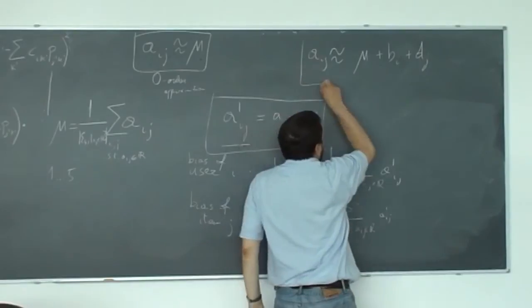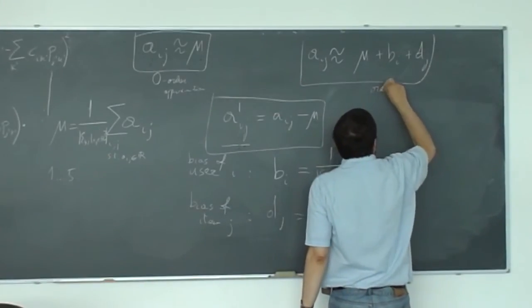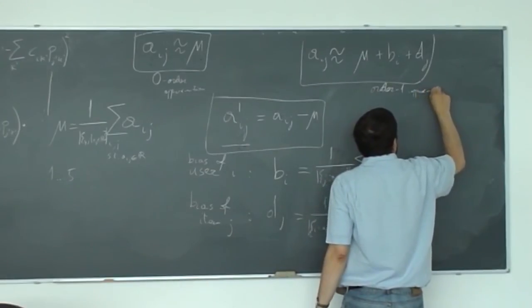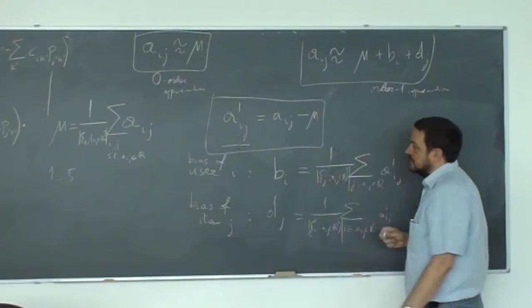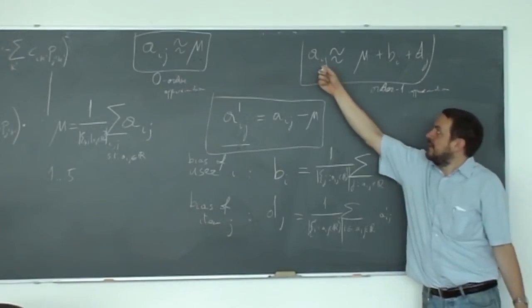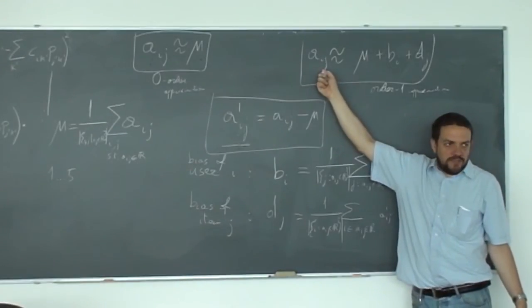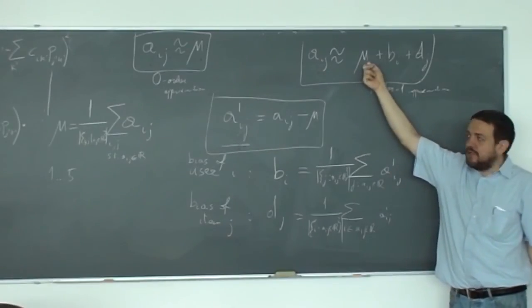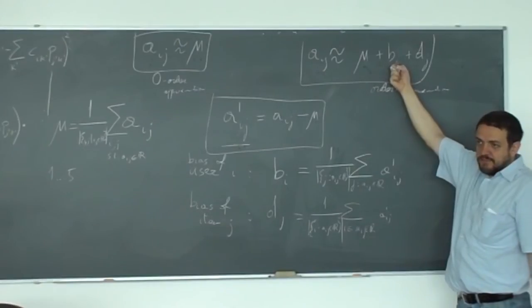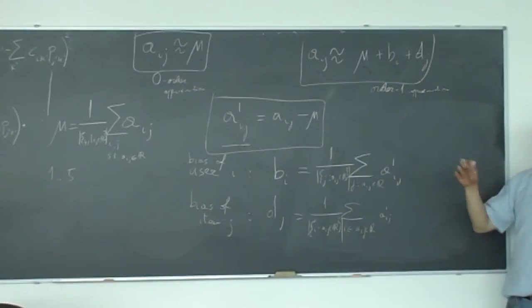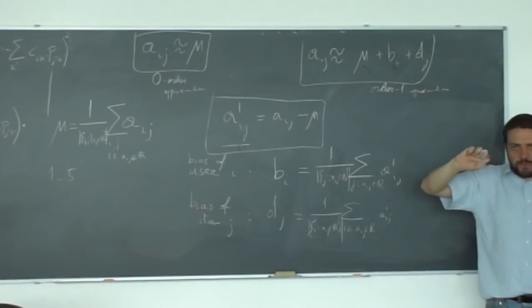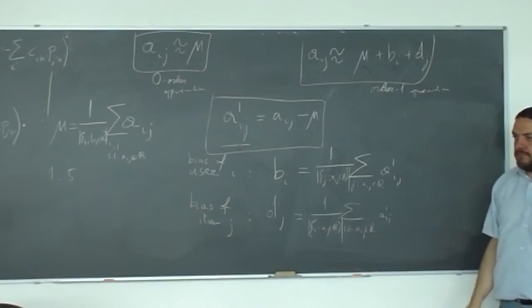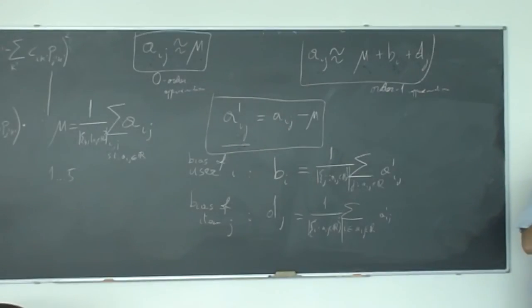This is the order 1 approximation. In order to predict the vote of a user for an item, you start from the overall average, but then you look at the user's bias. If the user tends to give higher votes, then b_i will be positive and will add something to the average vote, and you look at the item bias.